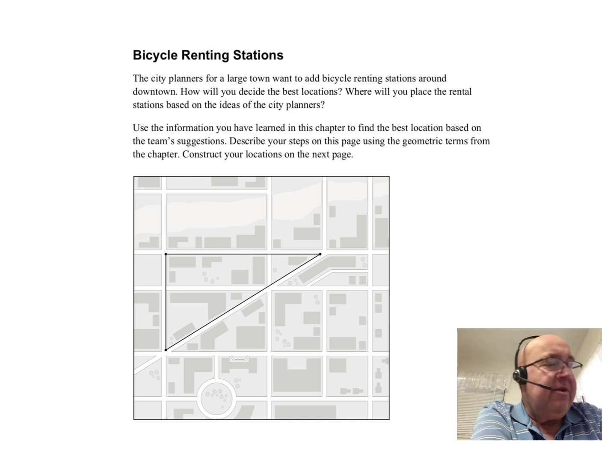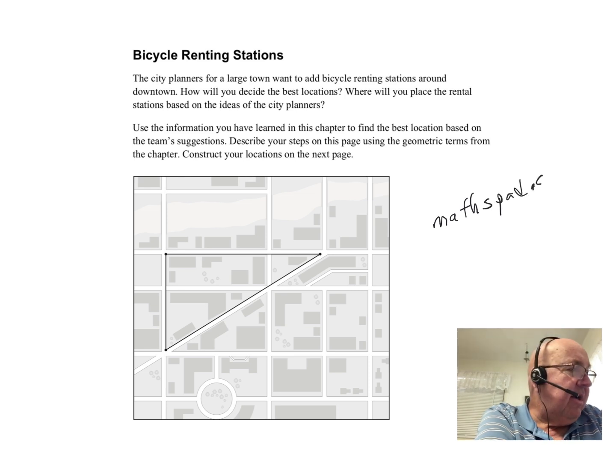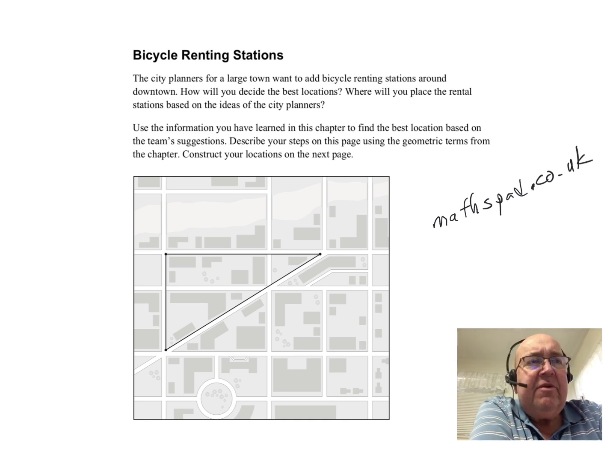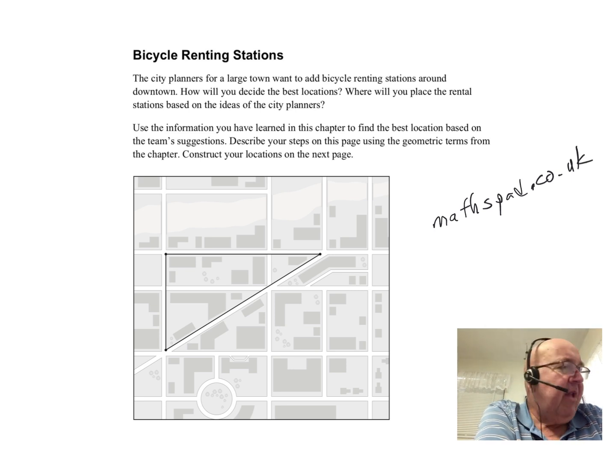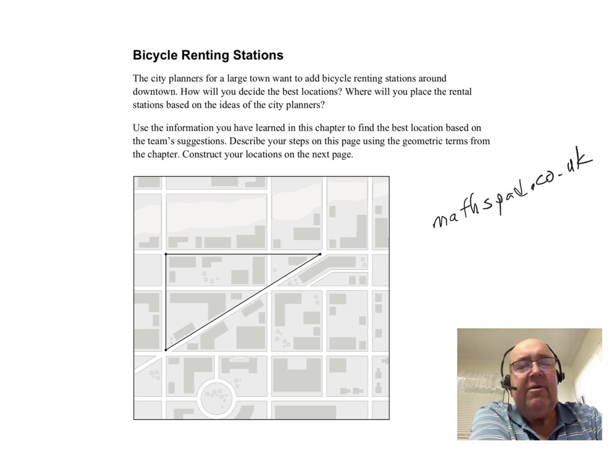You can also use a math manipulative called mathspad.co.uk, and what you would do there is you can manipulate and use a compass and a straight edge using your device. One thing you're going to have to do if you do that is to figure out some measurements for the triangle that we're working with.